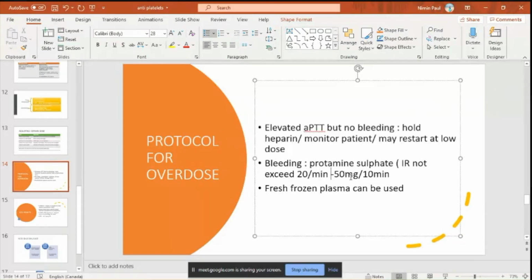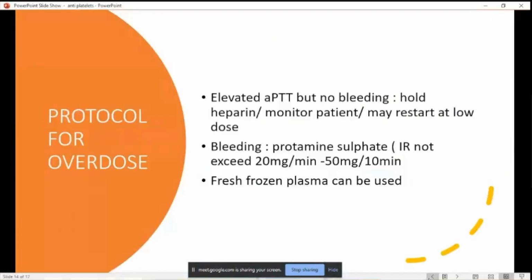So either the infusion rate has to be 20 milligrams per minute, or it has to be 50 milligrams per 10 minutes. We don't want to exceed this rate because it can cause hypertension and anaphylactic reaction. Now, fresh frozen plasma can also be used in the management of overdose.